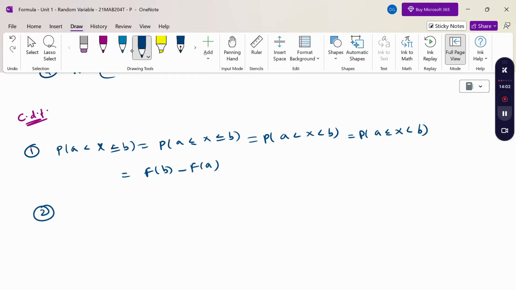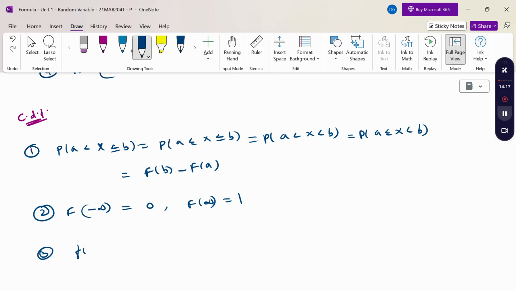And for a one-dimensional random variable, F of minus infinity equals 0, F of infinity equals 1.